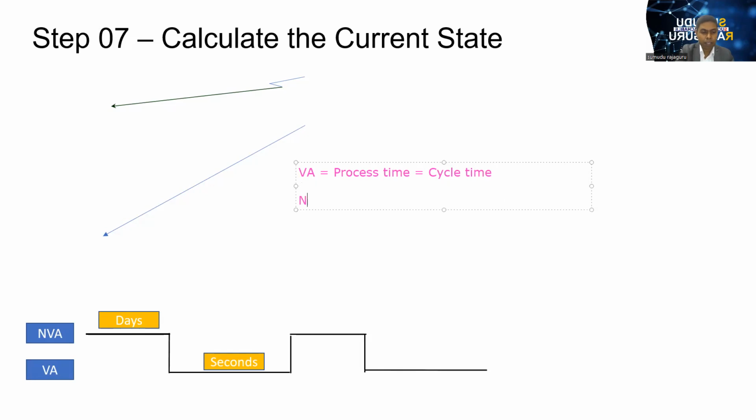Non-value adding time means inventories. Now we know how to convert inventories into time: we divide by the per day demand. Inventory plus changeover time.